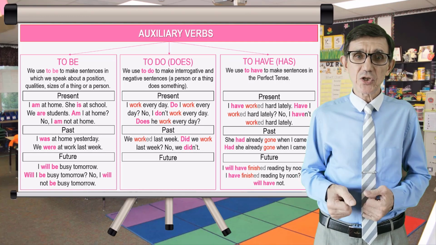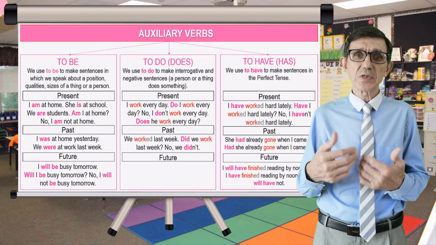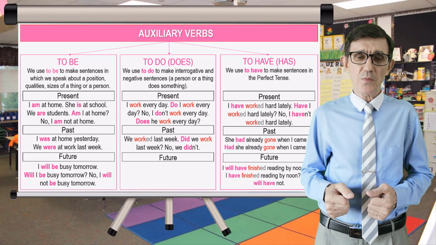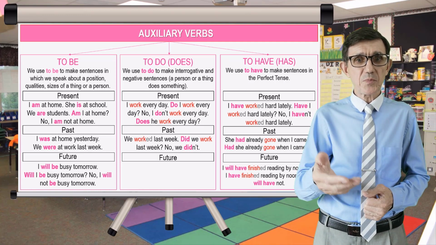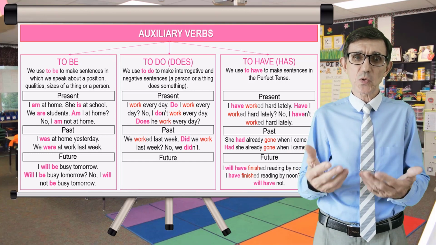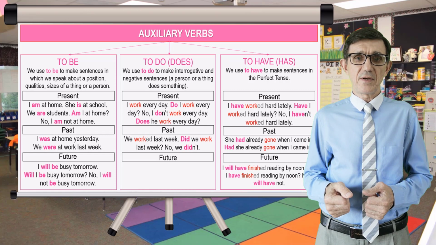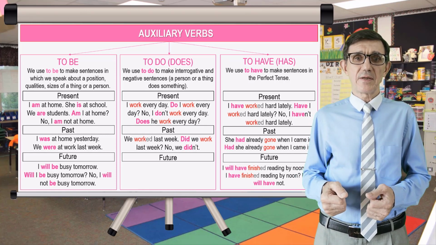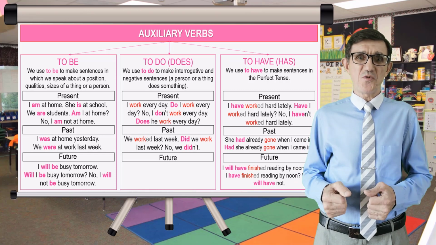This slide shows which auxiliary verb we use in one or another case. We use the auxiliary verb, to be, when a subject doesn't do anything. We just want to tell about its qualities or location. I am at home. I was at work last week. I will be busy tomorrow.